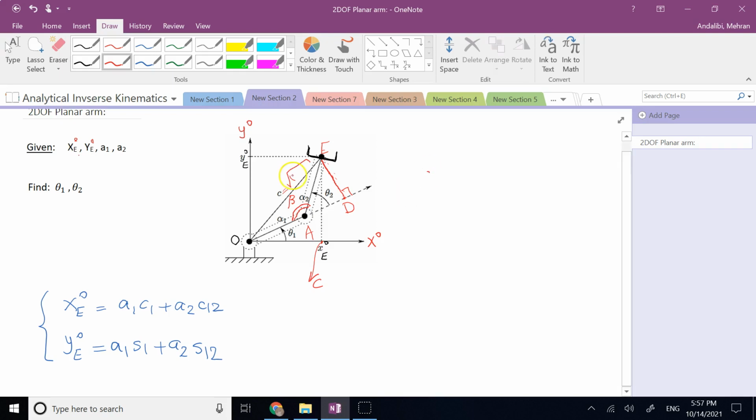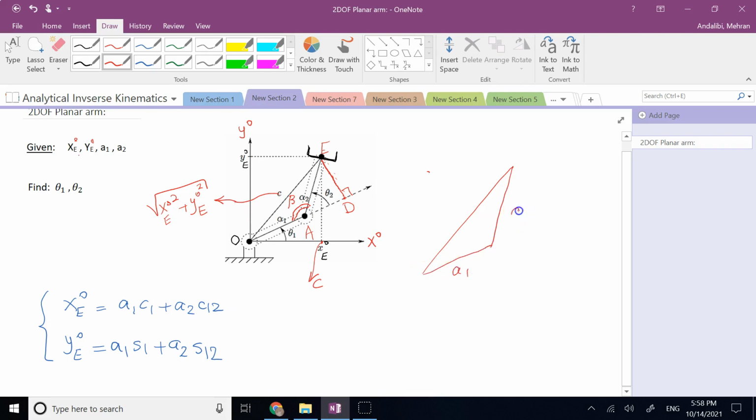Let me write it a little bigger. So this is the square root of x of end effector in base squared plus y of the end effector in base squared. Right? So you have this triangle.